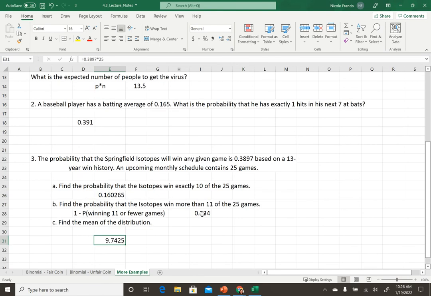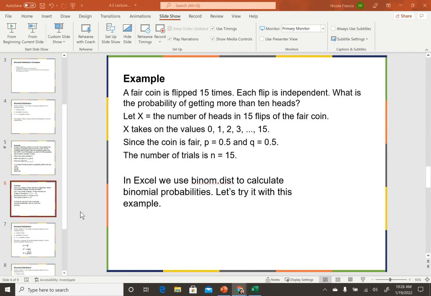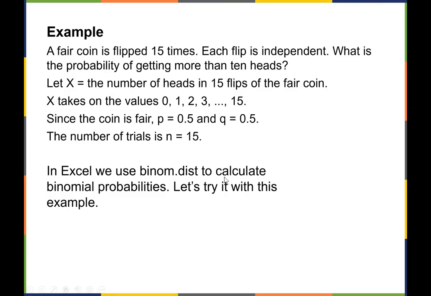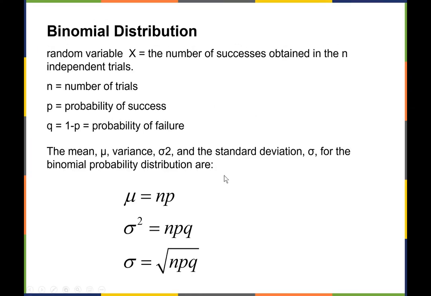All right, so Excel's really handy for letting us calculate binomial distributions. Coming back to this slideshow, we have a few more things to talk about. I did this a little bit in Excel, but I want to review it so you have it written down carefully.